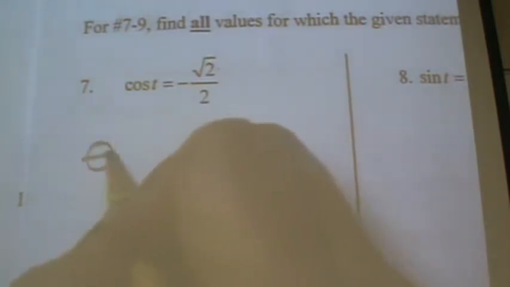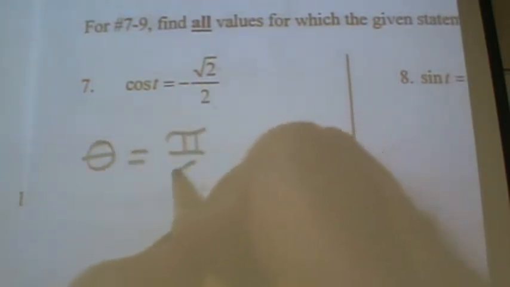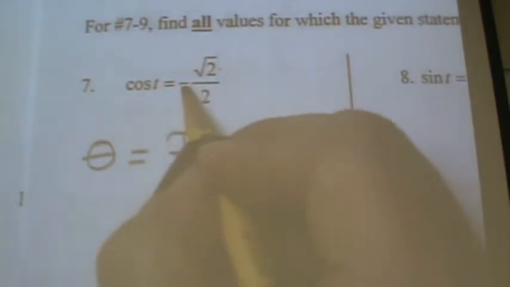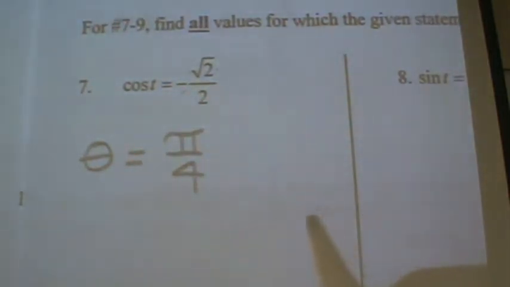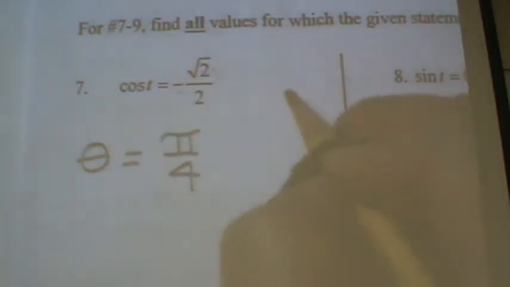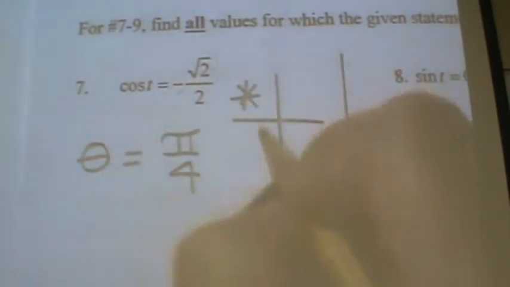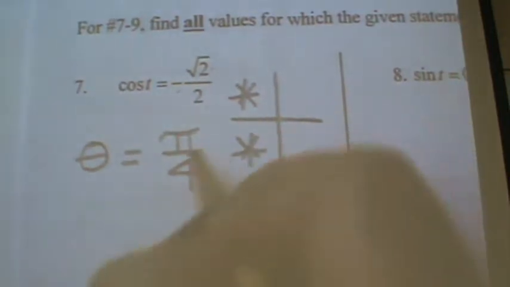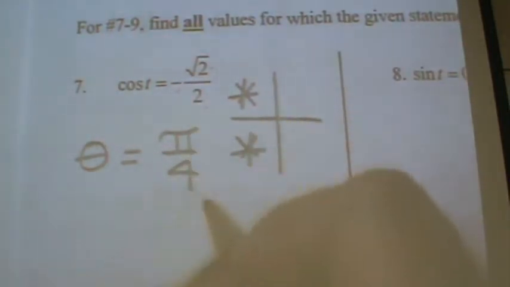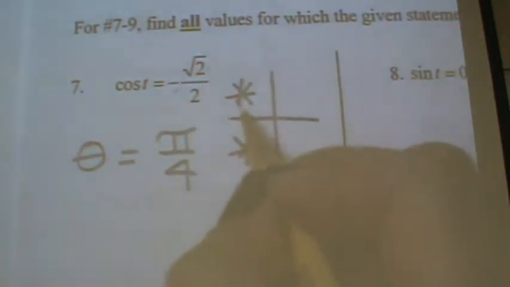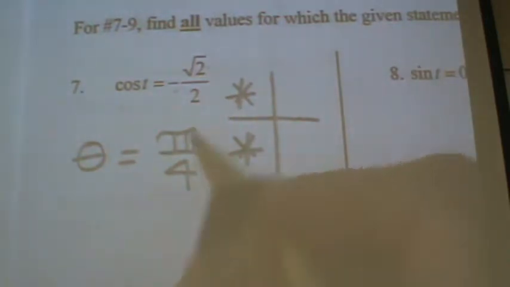So your angle in question is a 45er, but in what two quadrants is cosine negative? In 2 and 3. So you're in this quadrant and this quadrant. So what are those two angle measures in quadrant 2 and 3 that have a 4 in them?